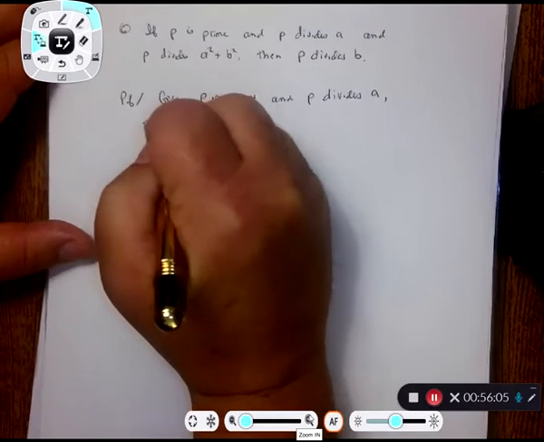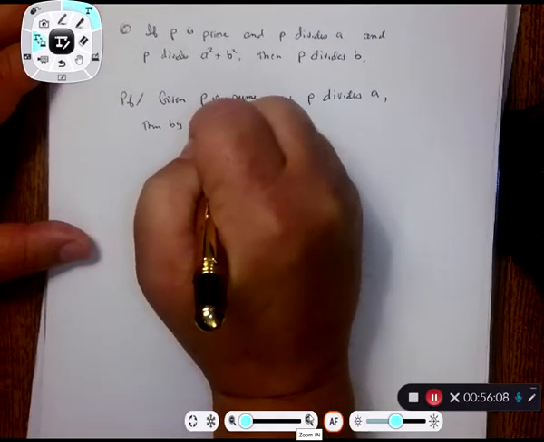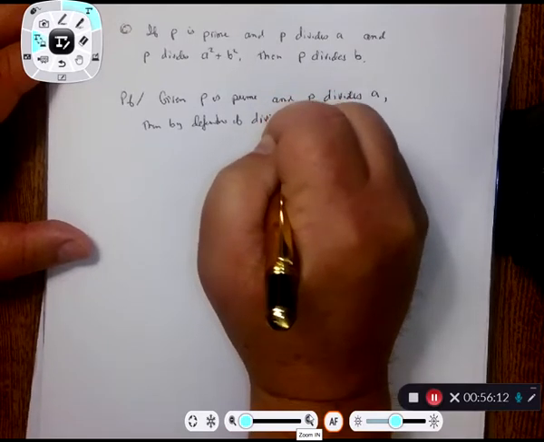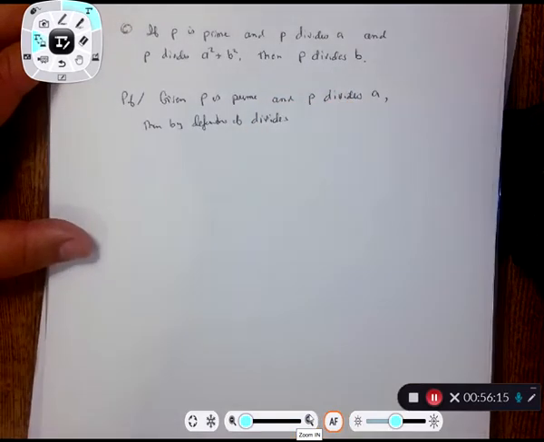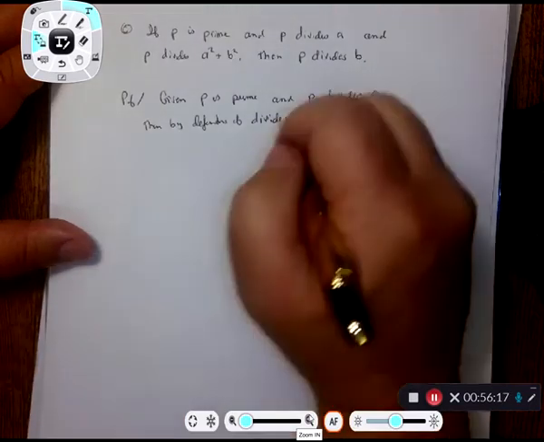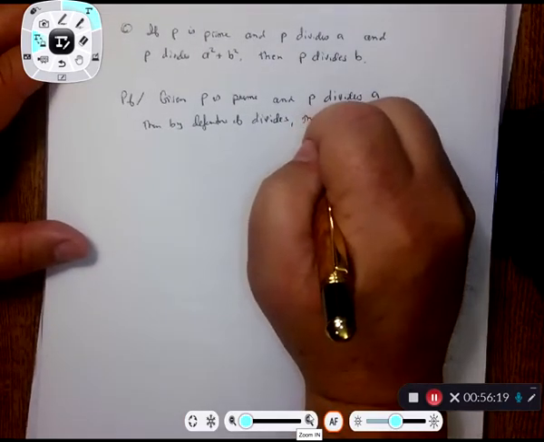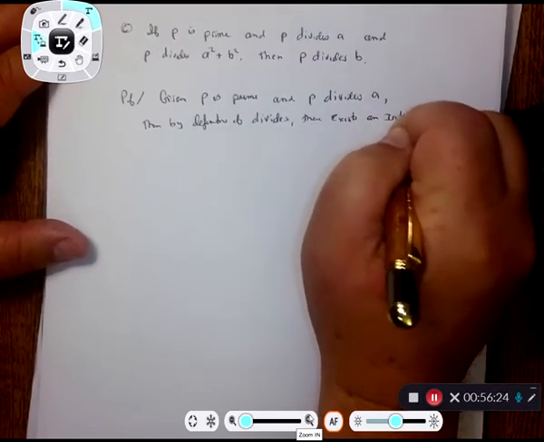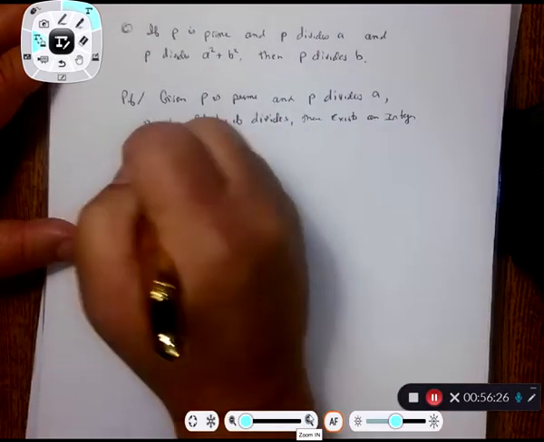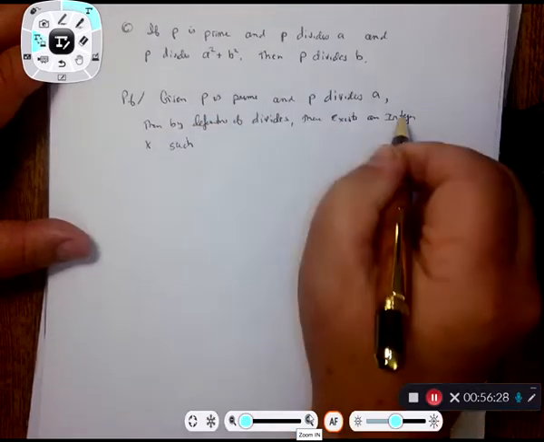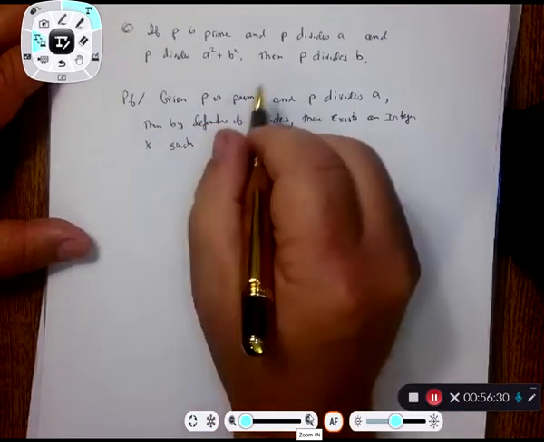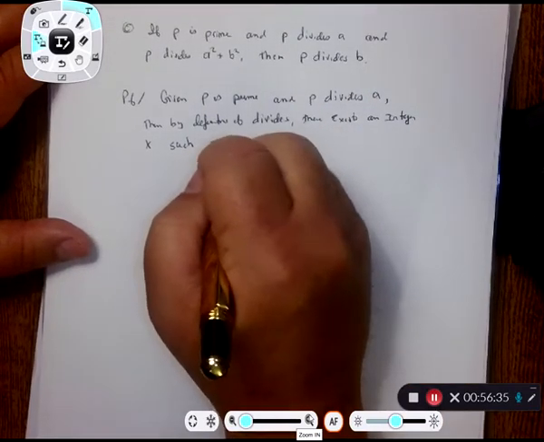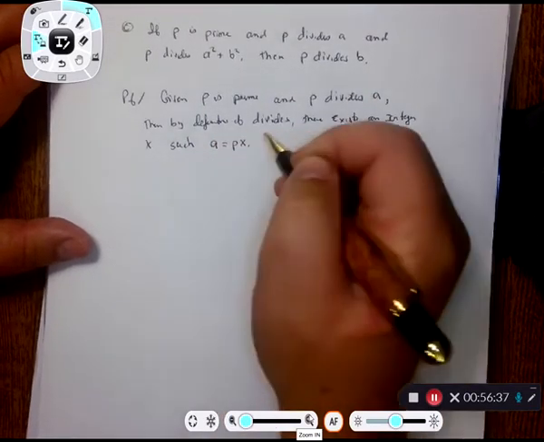Then, by definition of divides, and tell me which definition, because we have lots of definitions, there exists an integer x, such that you have to state who he is before you get to use him. I want equations, so A is equal to P times x.